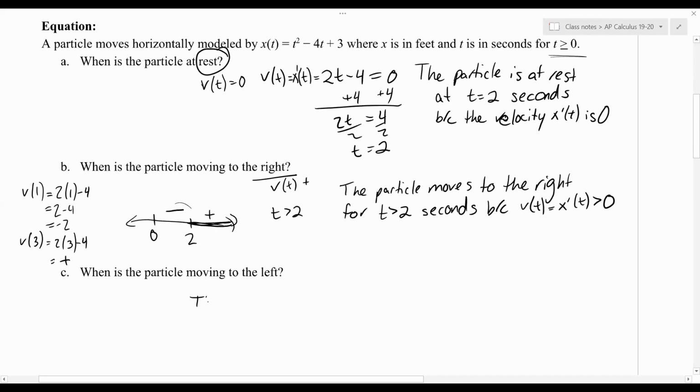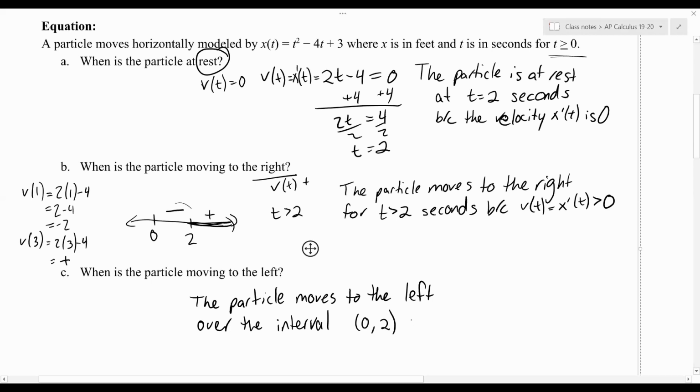So we can write the particle moves to the left over the interval (0 to 2 seconds) because v of t equals x prime of t is less than 0.